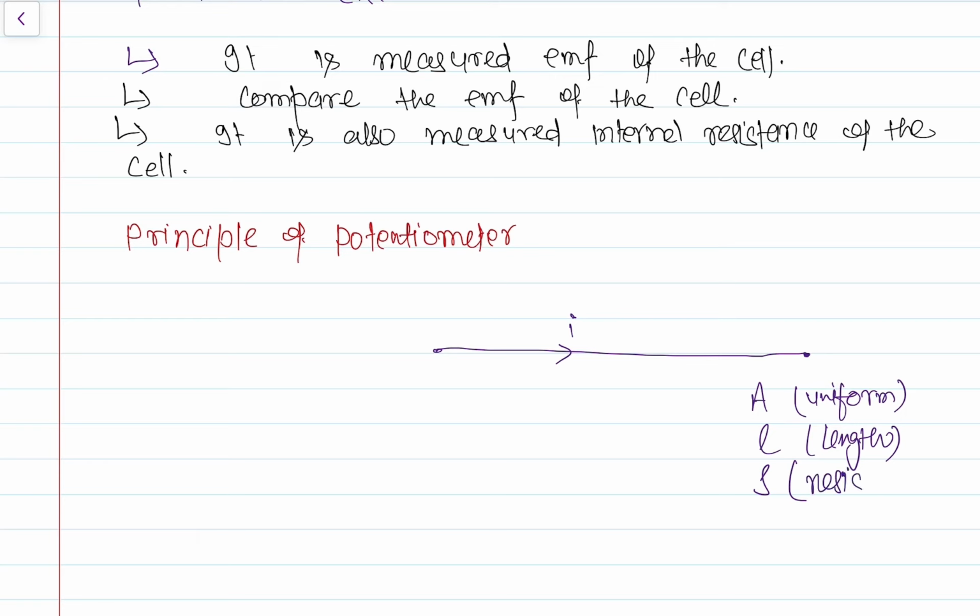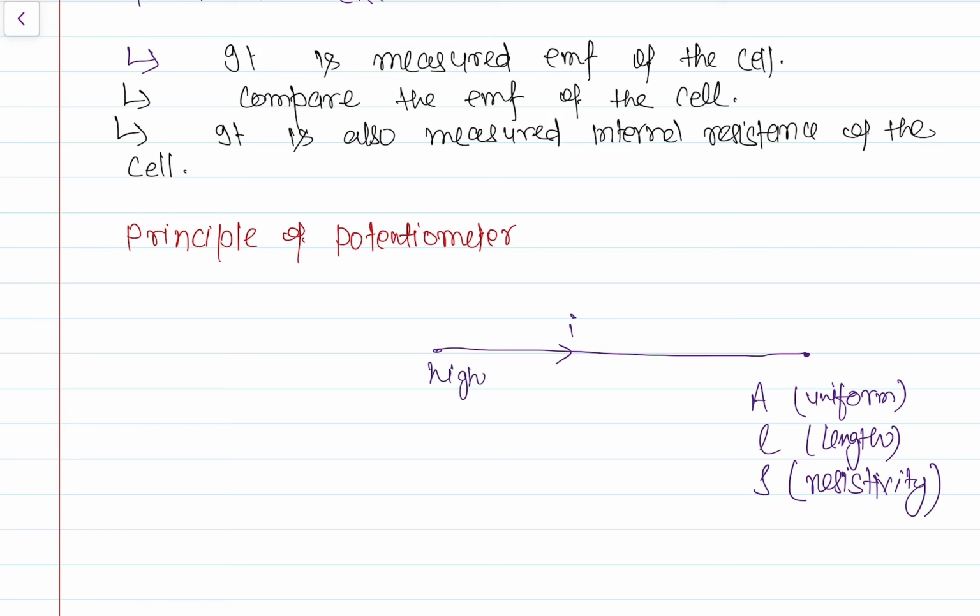We know that resistivity for each metal is different. For copper it is different, for aluminum it is different, for silver it is different. So for a given metal, resistivity is fixed. Now we know that current always flows from higher potential to lower potential.